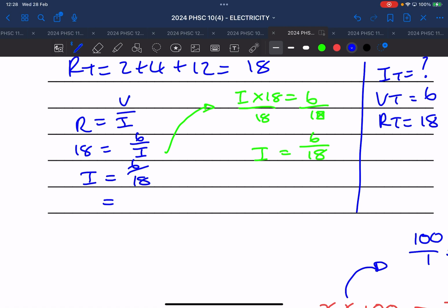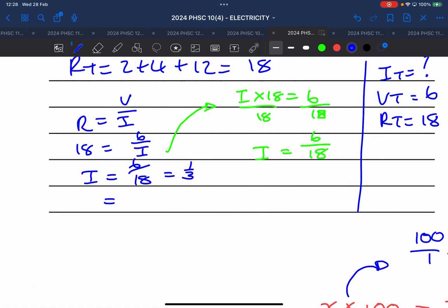And 1 over 3 is the same as 0.333333. And the unit for current, Karabo? Actually, stupid me. A stands for? Thank you.